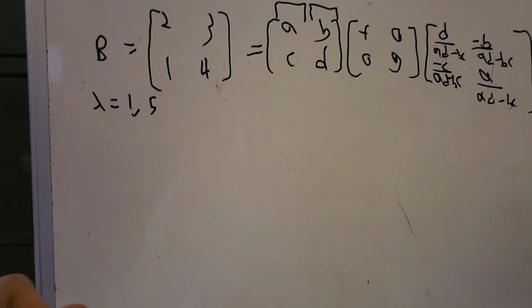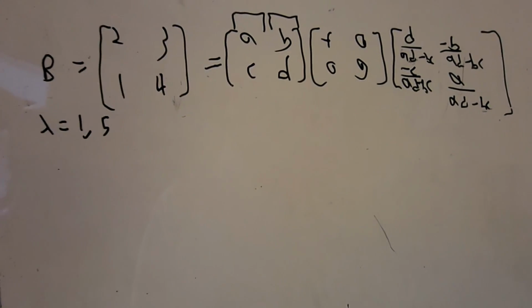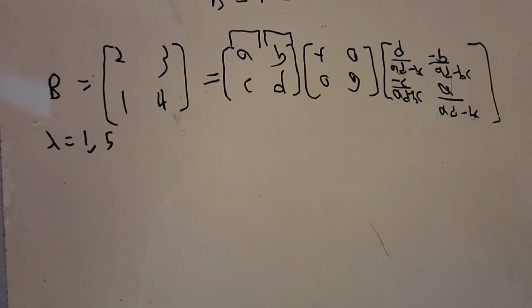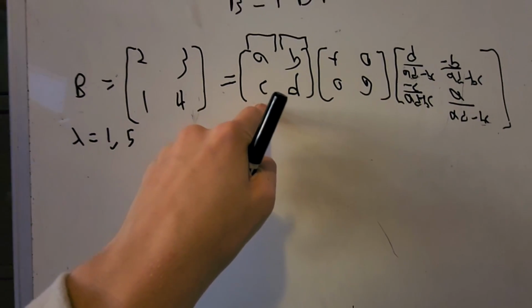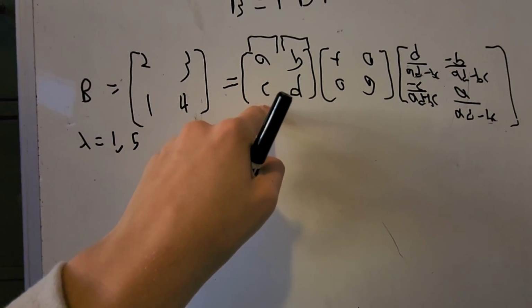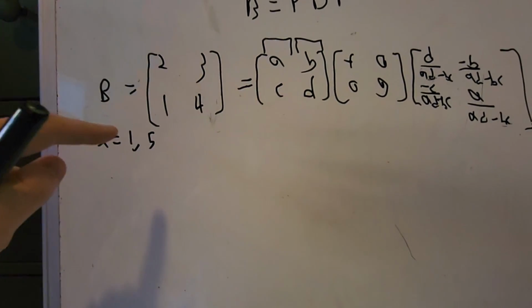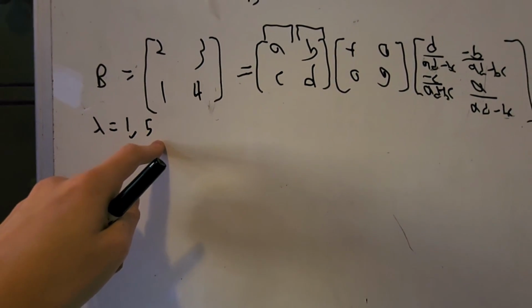With lambda equals 1 and 5, we know that these are our diagonal values. Now we need to figure out the corresponding eigenvectors. There's going to be a vector AC that when applied this matrix transformation, we'll get the vector AC times 5.